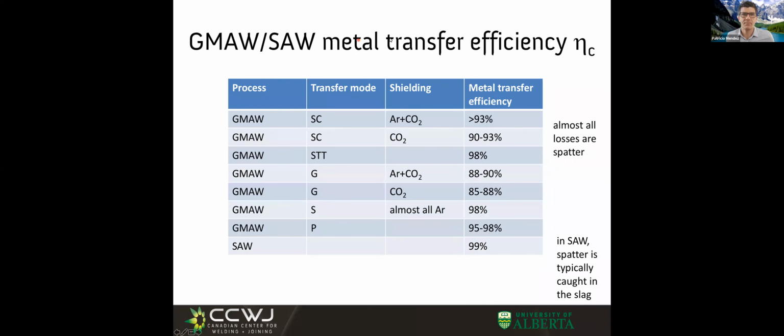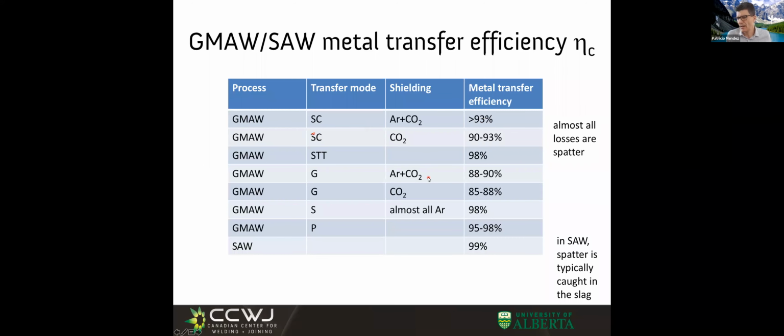Let's see some metal transfer efficiencies in MIG or subarc welding. MIG, if we're in short circuit, right, it says about 93% efficiency. And these numbers are not deep science. This is just some guys welding and seeing what stuck and what didn't stick.